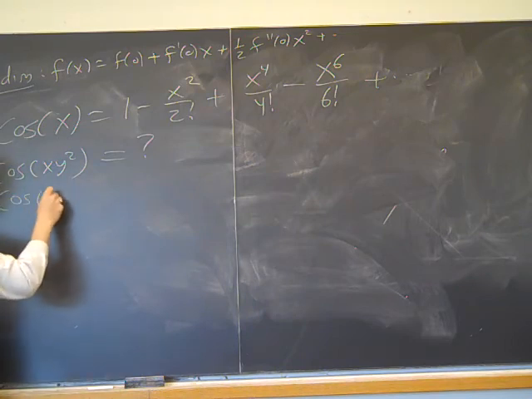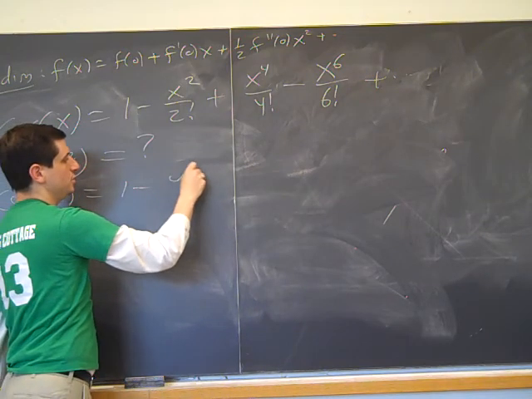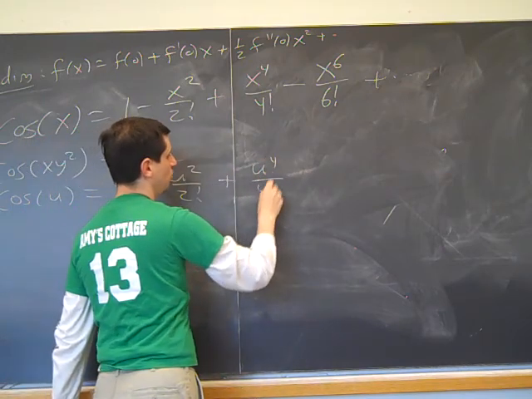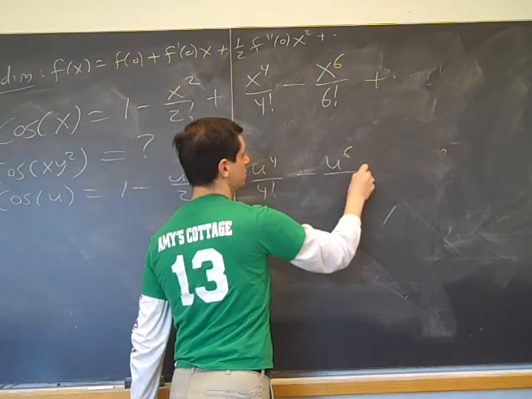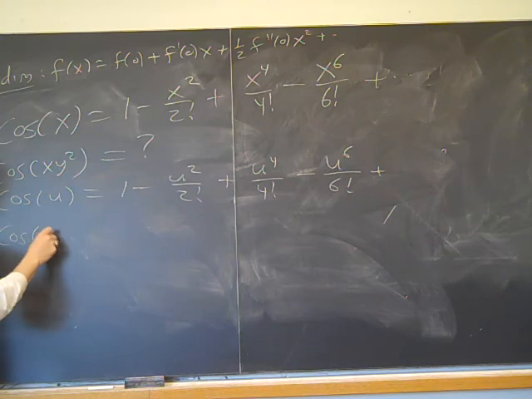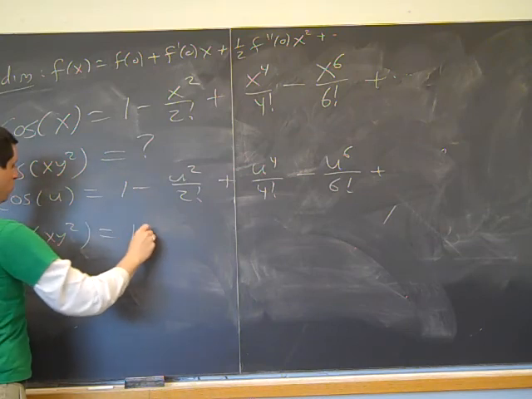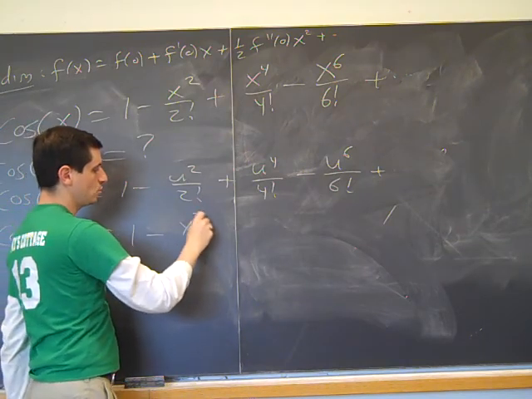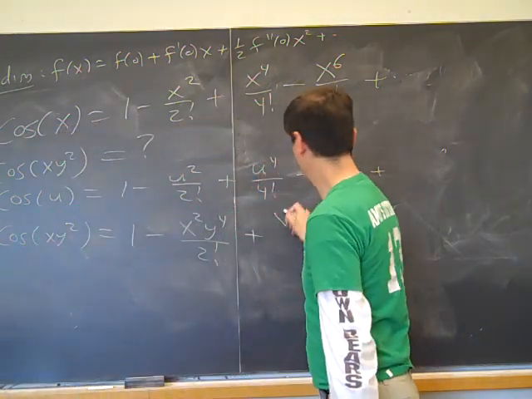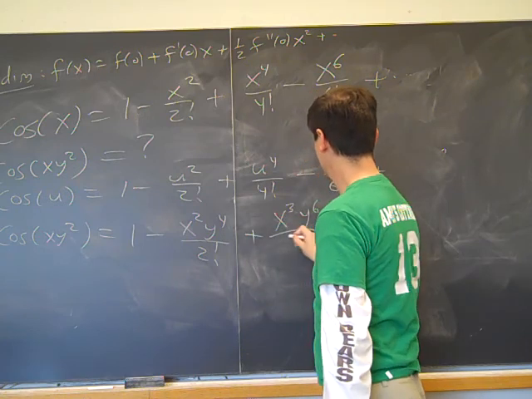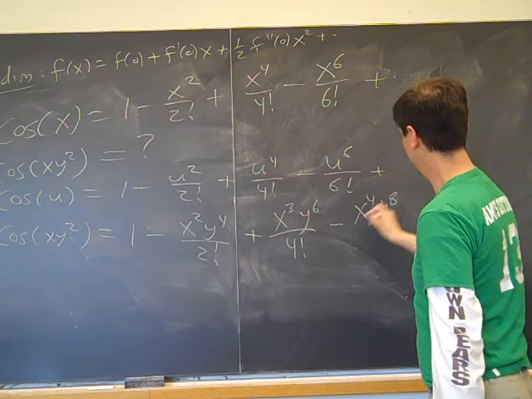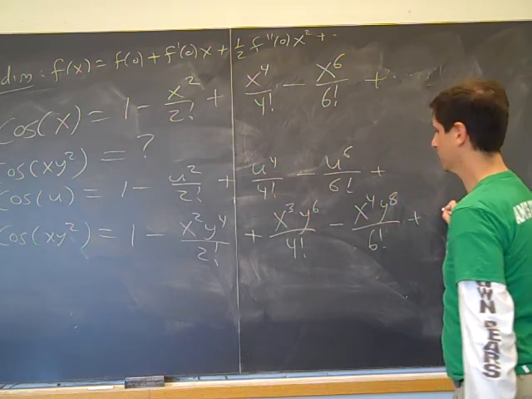Well, the cosine of u is 1 minus u squared over 2 factorial plus u to the 4th over 4 factorial minus u to the 6th over 6 factorial. So the cosine of xy squared is 1 minus x squared y to the 4th over 2 factorial plus x cubed y to the 6th over 4 factorial minus x to the 4th y to the 8th over 6 factorial.